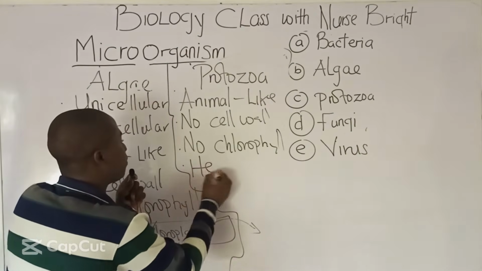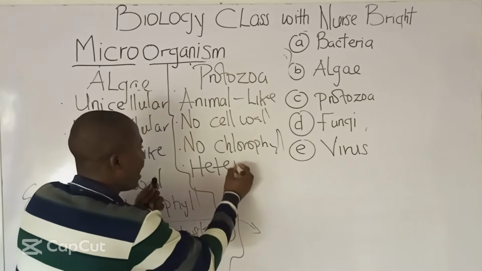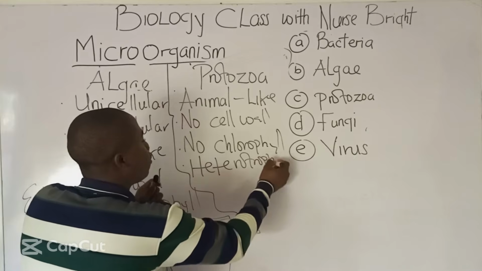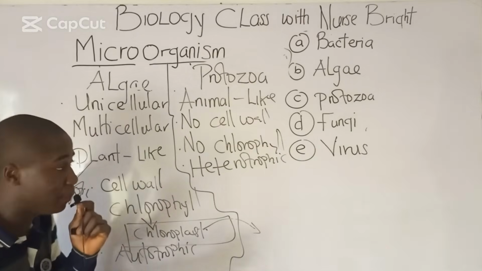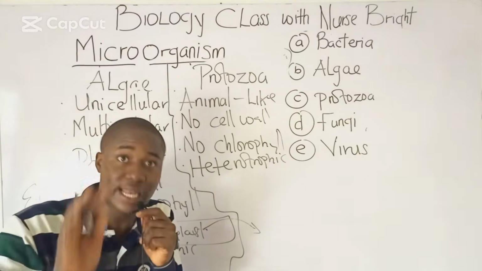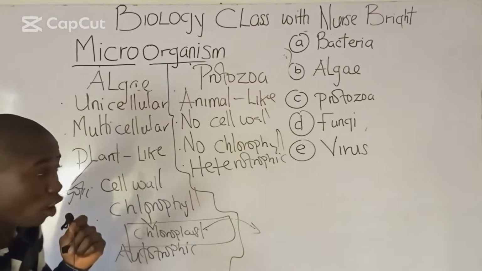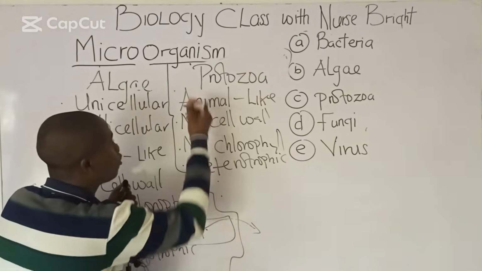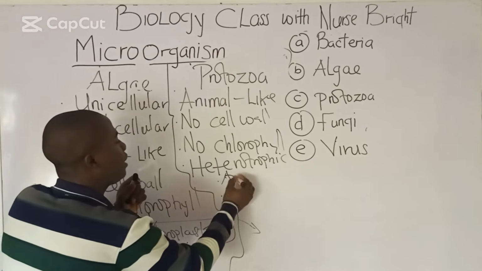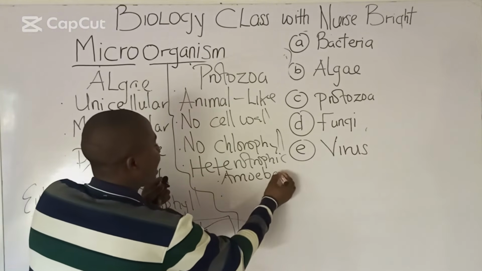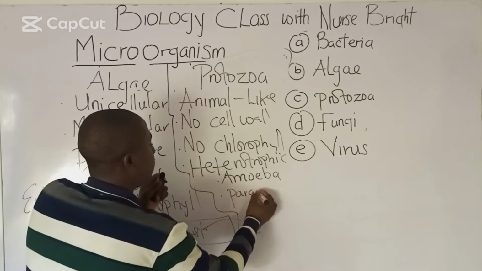Hence, they are heterotrophic in nature, whereas plants are autotrophic in nature. We have various examples of protozoa, like amoeba and paramecium.